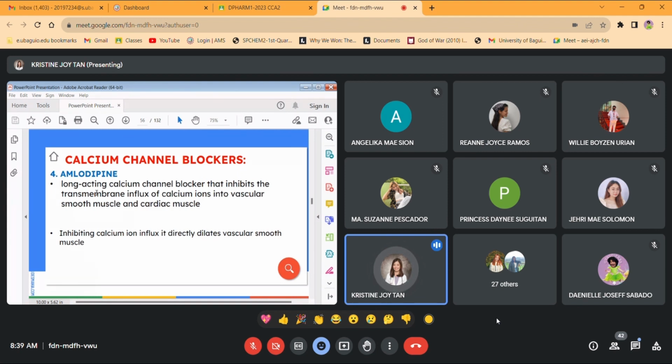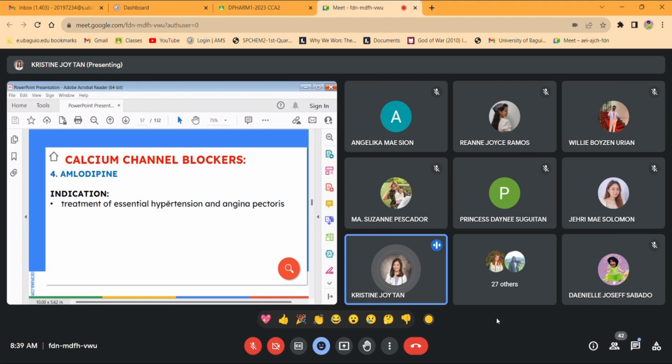This is the most commonly prescribed calcium channel blocker, your amlodipine. So, usually it is given together with an angiotensin antagonist like your losartan. So, losartan plus amlodipine. So, amlodipine, this is a long-acting calcium channel blocker that inhibits the influx of calcium again, thereby decreasing contractility of your cardiac muscles.